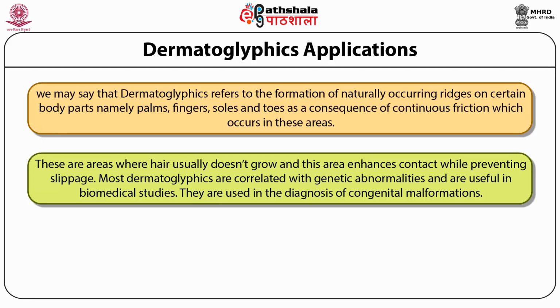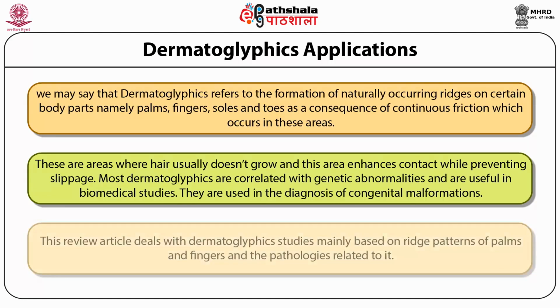Fingerprints persist lifelong unless there is damage to the dermis. During development, various creases develop on the brain and are reflected on the fingerprints, representing the various regions of the brain. This article deals with the dermatoglyphic studies mainly on ridge patterns of palm and fingers and the pathologies related to it.